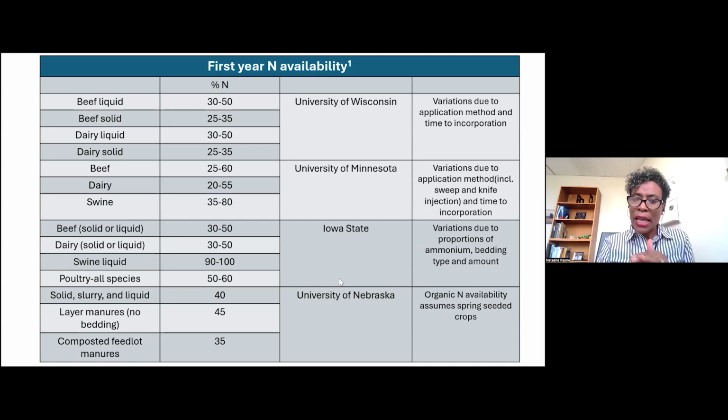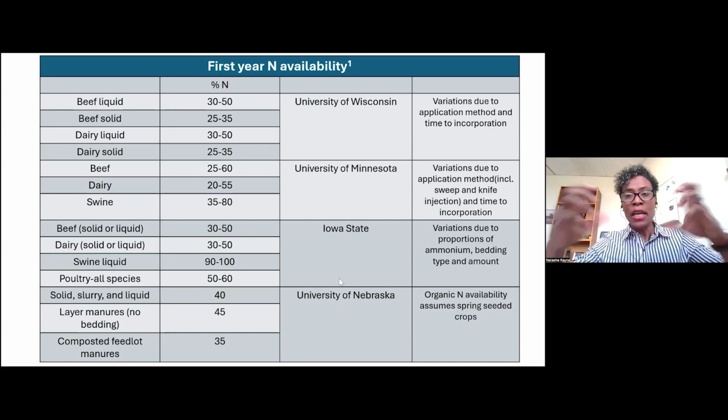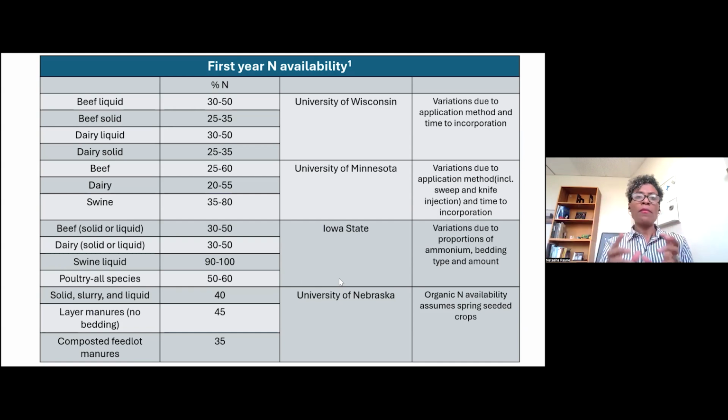What I want to highlight here is the variables that are considered, or the variables behind these numbers, right? For example, for Wisconsin, we look at, okay, what was the application method and the time to incorporation, right? So we talk about whether it was incorporated, whether it was injected, incorporation, the time to incorporation, that sort of thing, right?